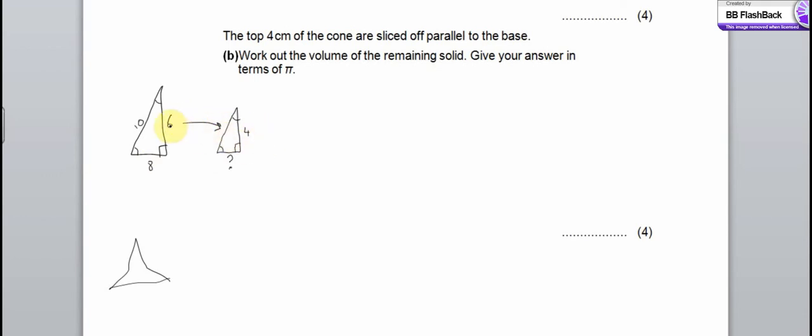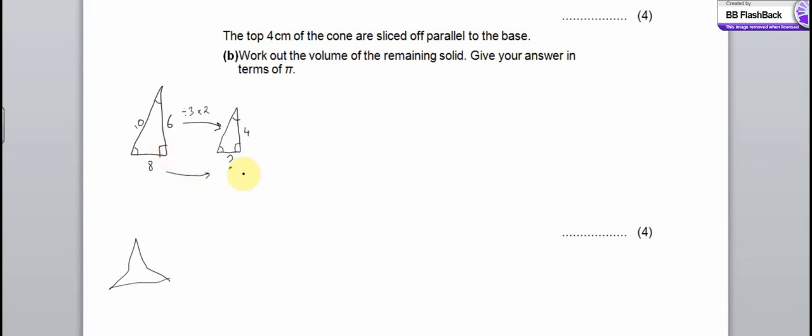Well, going from 6 to 4, there's two ways to look at this. You can either think of it as dividing it by 3 and then multiplying it by 2, or you can think of it as dividing it by 1.5. So it doesn't really matter which way around you do it.